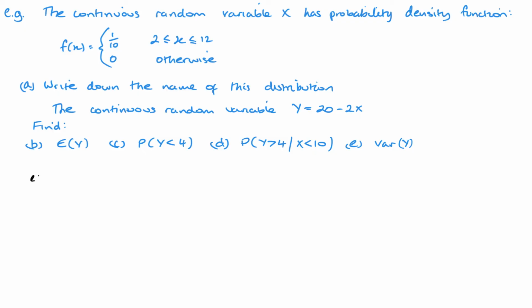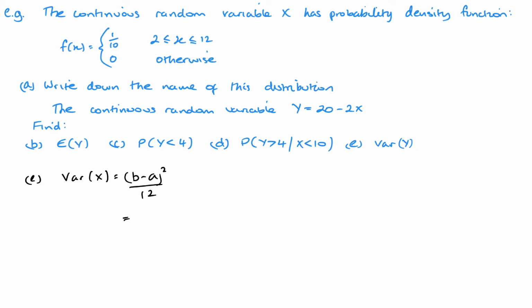And finally, part E, let's find the variance of y. So first you want to find the variance of x, which is b minus a squared over 12. Remember, you're writing these formulas down every time you use them, not because it's going to get you any marks, but because every time you use it, it's going to stay in your head a little bit more.